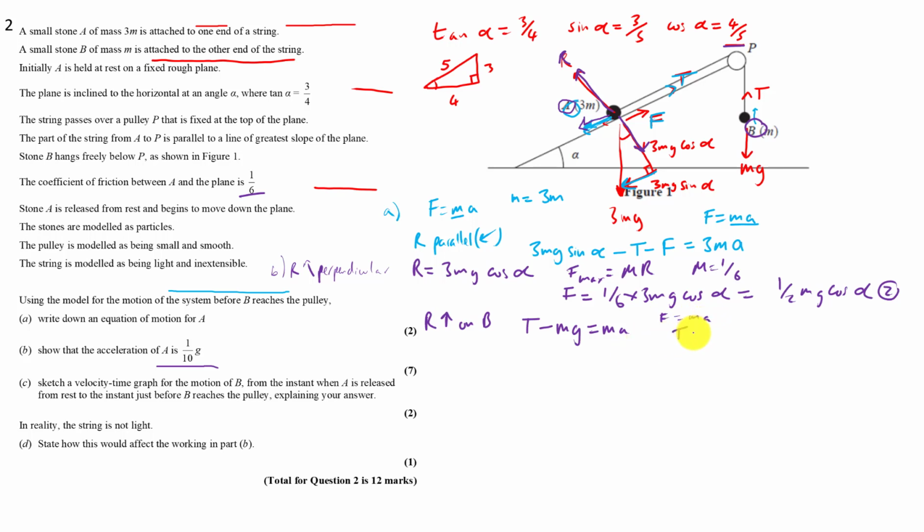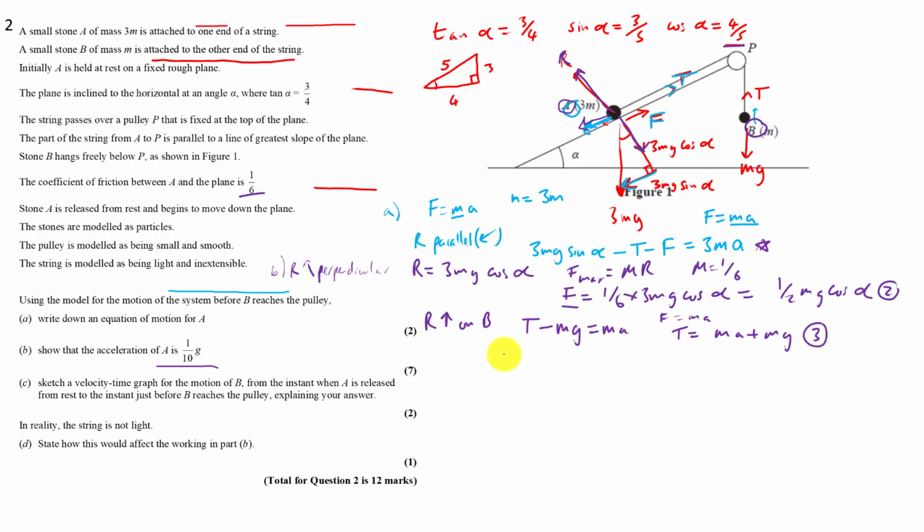So T equals ma plus mg. That's equation 3. Now remember from part A we have this, so we could substitute this in, and our values for T and F above.